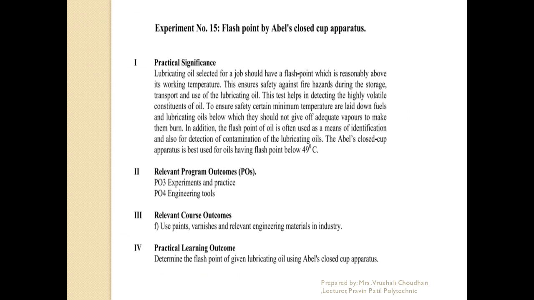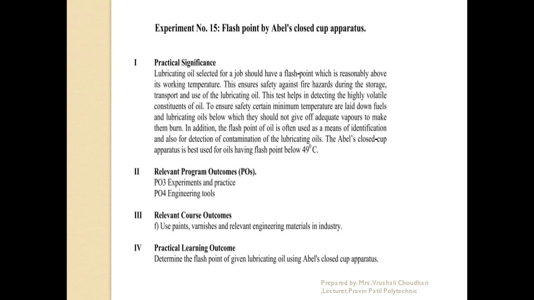Lubricating oil is used to reduce friction. So when there is friction, the temperature is going to increase. If the lubricating oil has a lower flash point or fire point, it is going to catch fire during transport as well as use.